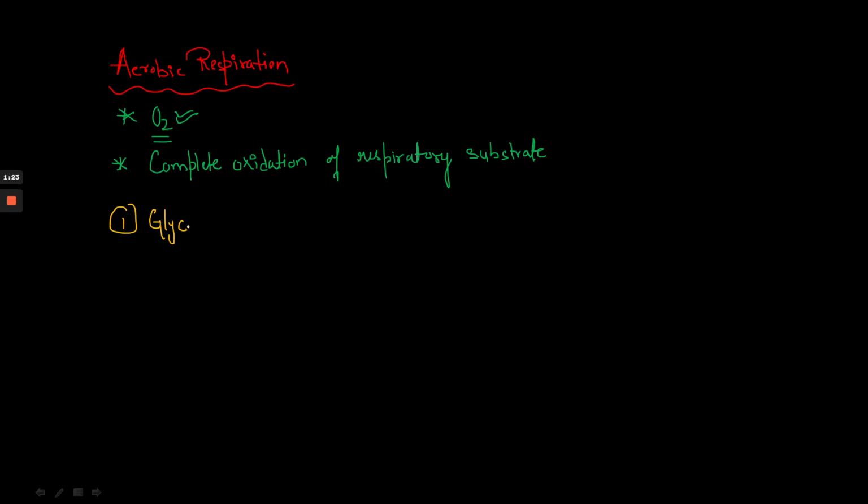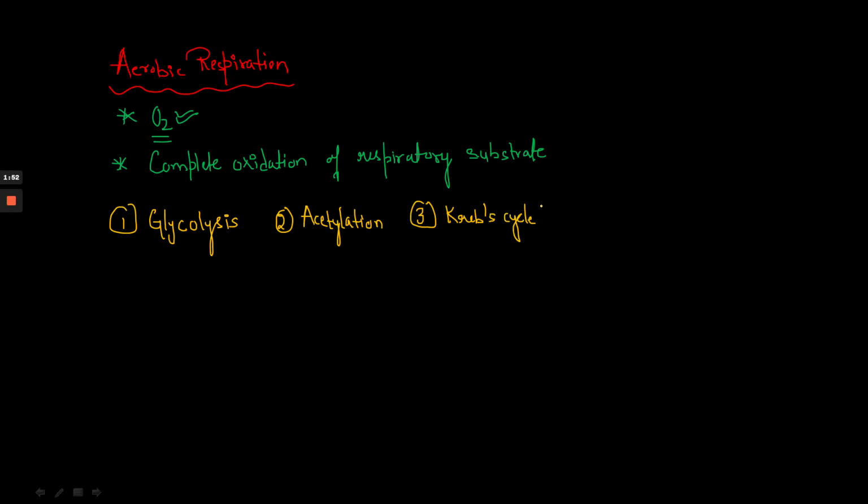Another step after glycolysis, the second step, is something known as acetylation. After that, the next phase will come, that is known as Krebs cycle.